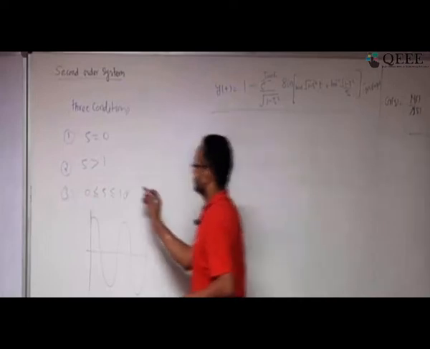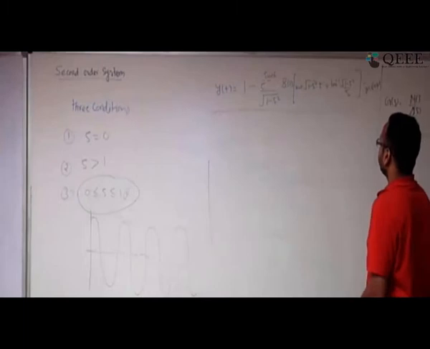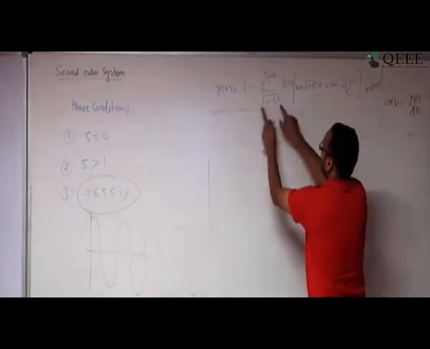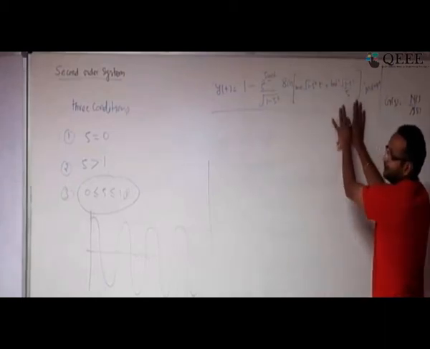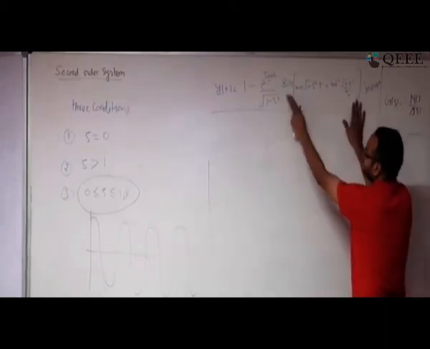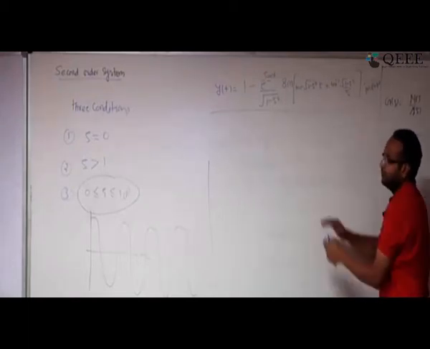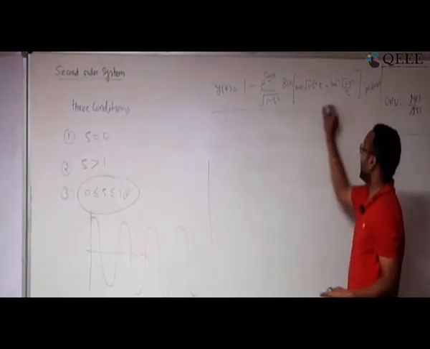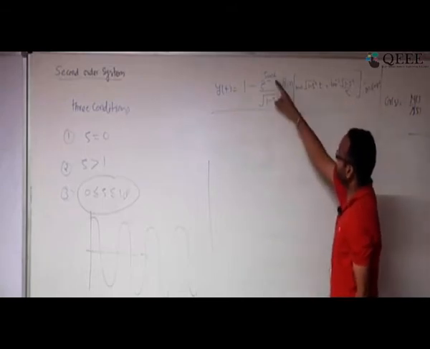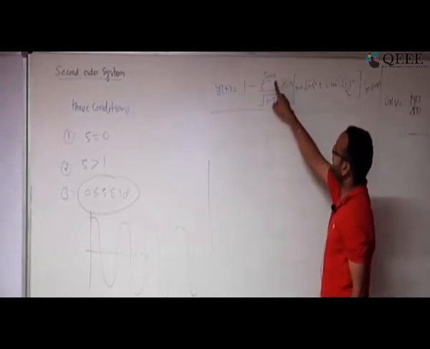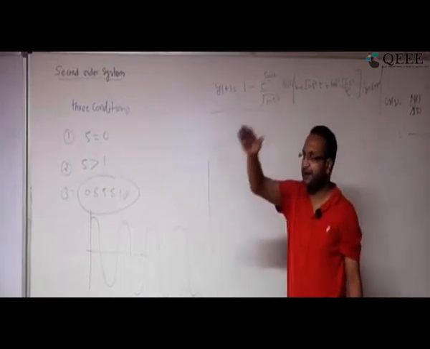If you take it between 0 and 1, look at this term, 1 minus this term, sine of omega t plus phi. Is it clear to everybody? This term is sine omega t plus phi, some sine omega t added by some offset phi, which is not a function of t. And e to the power minus zeta omega n t is some constant, so the exponential function will be coming down.